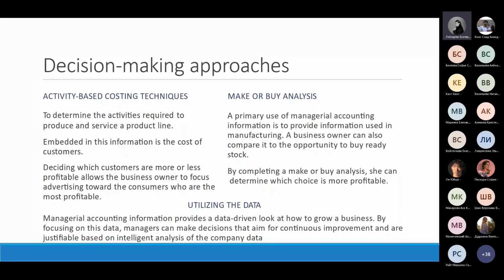Make or buy analysis is also very important here. We use costing information in order to understand whether we have to purchase a specific material or maybe a specific spare part for our products from outside.